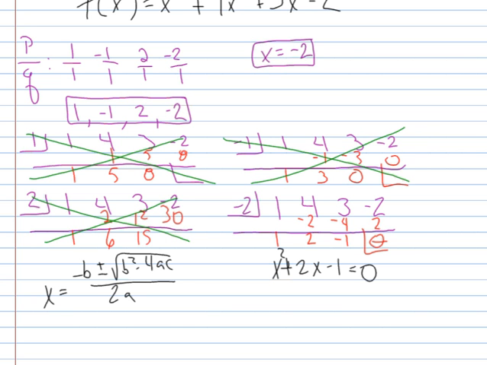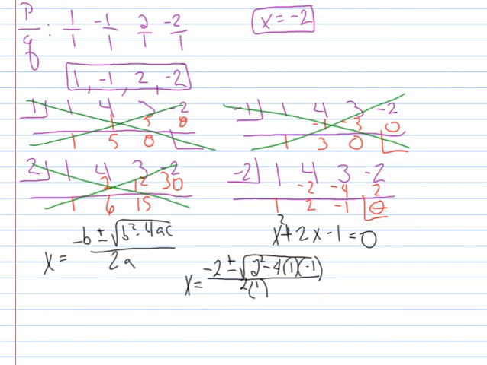Using our quadratic formula, I plug in my information. In this case, x is equal to the opposite of 2 plus or minus the square root of 2 squared minus 4 times 1 times negative 1, all over 2 times 1.